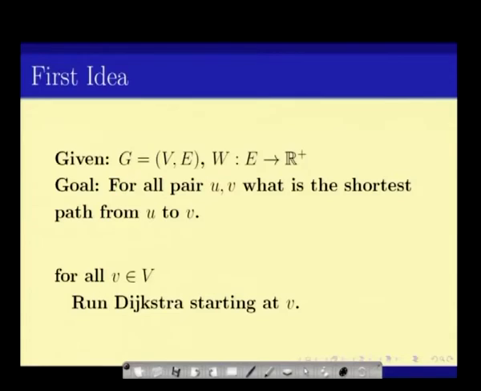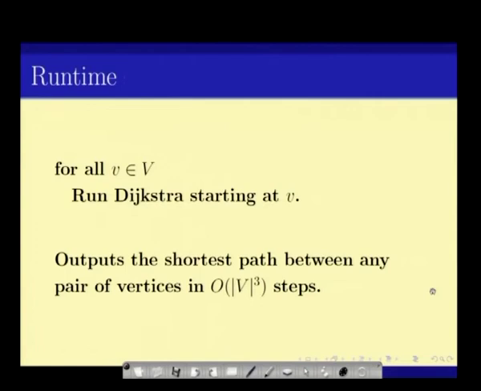The idea is simple, but let us try to understand the running time of this algorithm. Note that Dijkstra for single source shortest path takes order V square steps. Now, I am running Dijkstra at all the possible vertices.